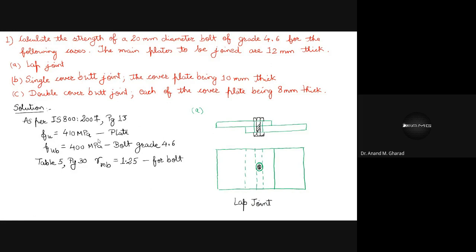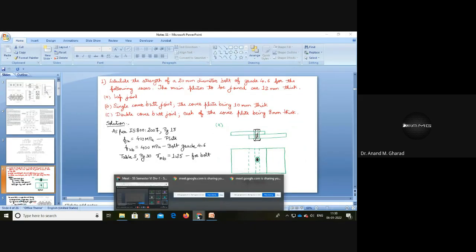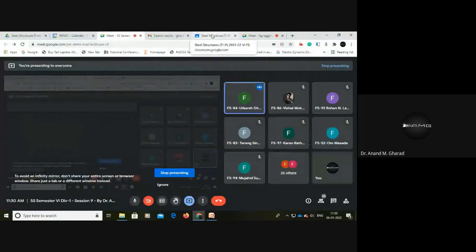Is it given on page number 13? Is it given on page number 13? No, it is not given on page number 13.